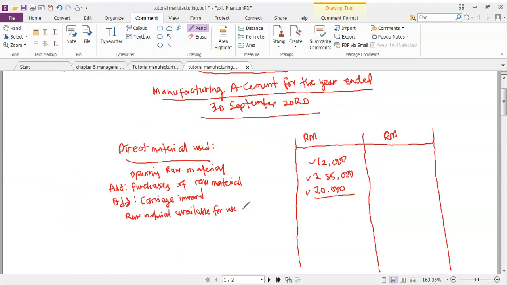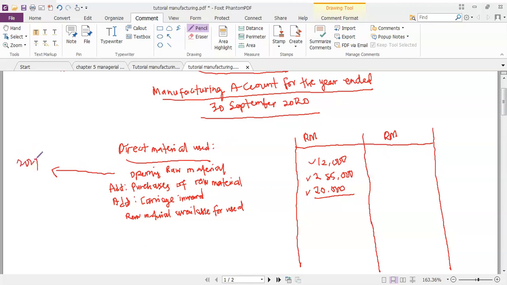Okay, you should add on all these things. Opening raw material plus purchase of raw material. Opening raw material, okay, if you want to know, this is amount from the last year accounting period, 2019.